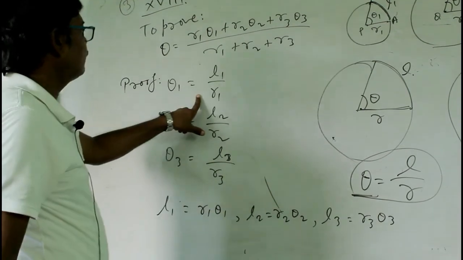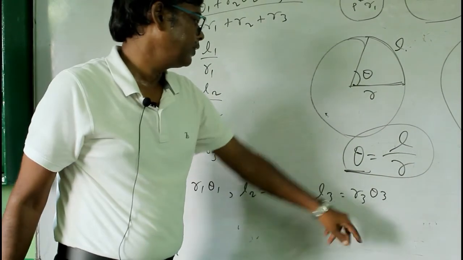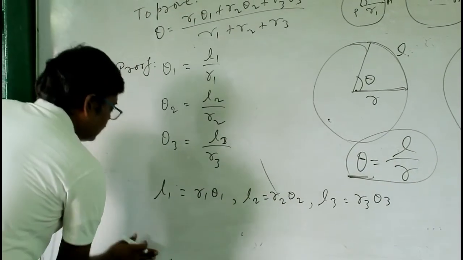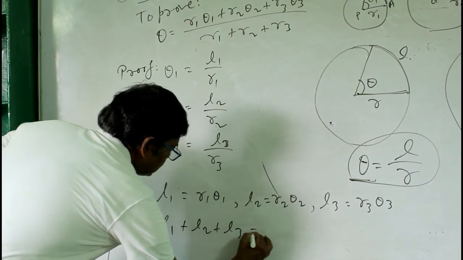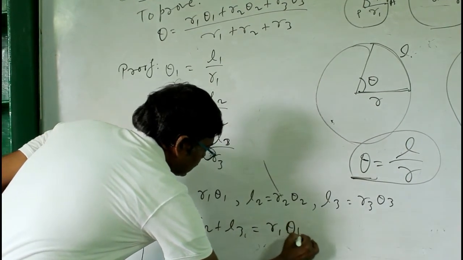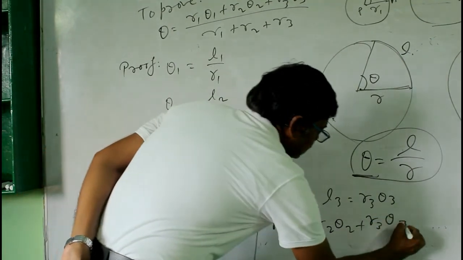So now L1 plus L2 plus L3 will be equal to R1 theta 1 plus R2 theta 2 plus R3 theta 3.